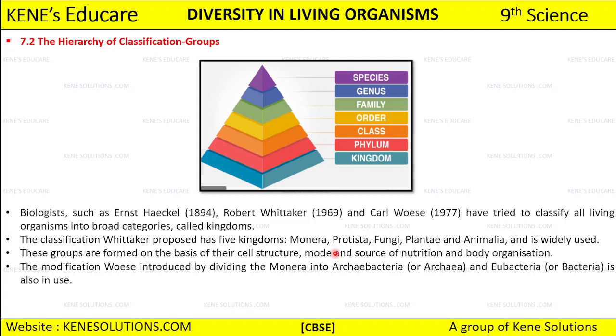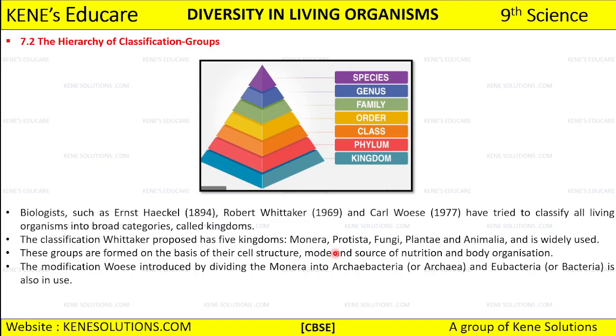Like we have carnivores, we have herbivores, right? These are the different groups or criteria on the basis of which we are characterizing the plants and the animals, and we are dividing them into kingdom, phylum, class, order, family, genus, species.